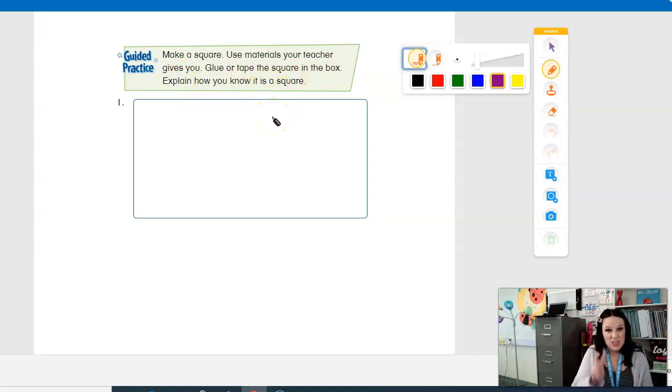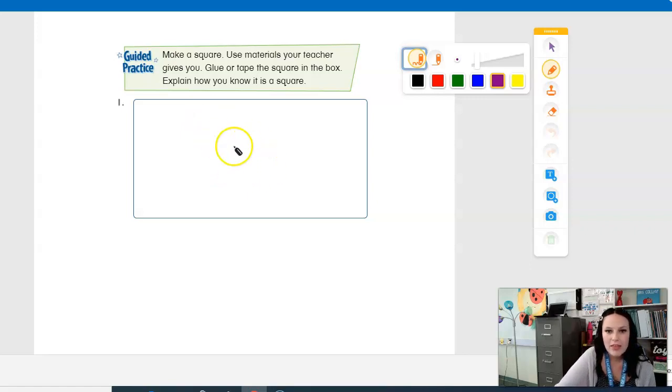So we can do this 2 different ways. I can let you just draw a picture of a square, or if you have your grown-ups' permission, you can use some kind of material to make a square and glue or tape it into the box, but make sure you have permission first.